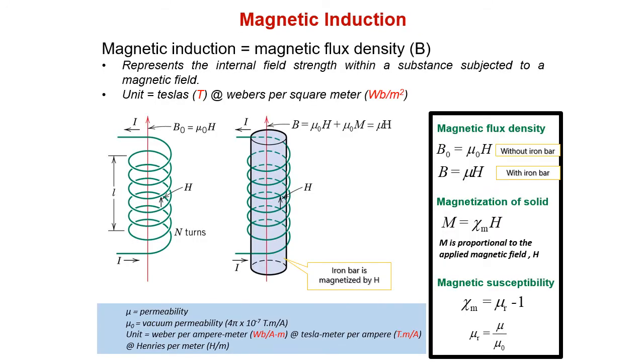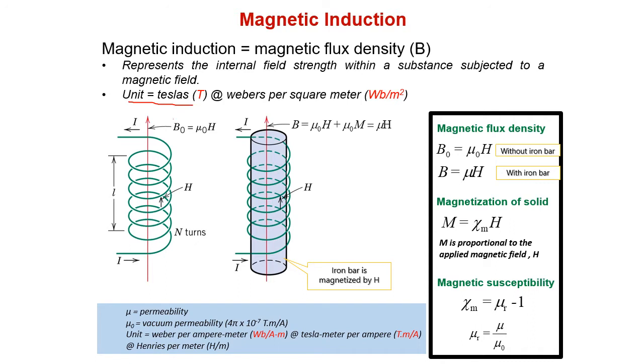The second magnetic property of metals is magnetic induction. The magnetic induction can be determined by measuring the magnetic flux density B. It represents the internal field strength within a substance subjected to a magnetic field, and the unit for magnetic flux density is Tesla or Webers per square meter.